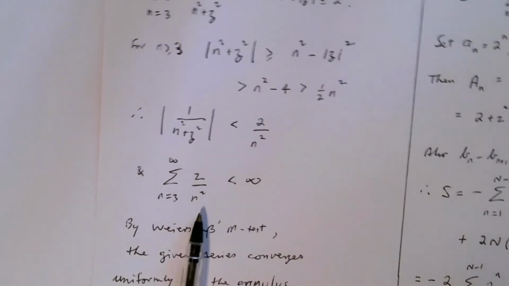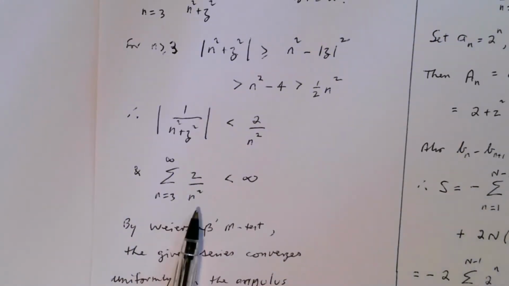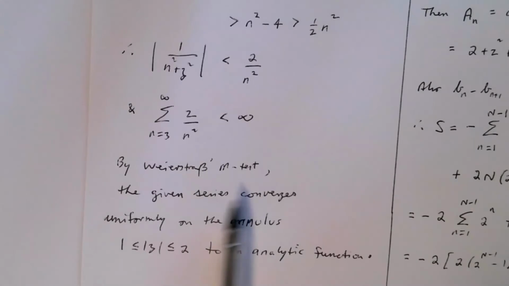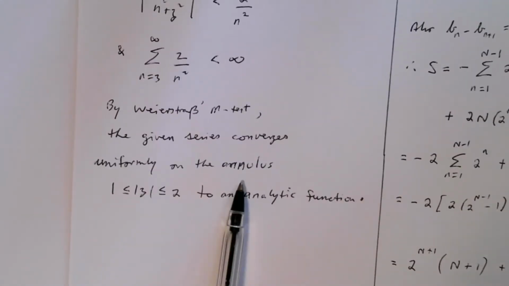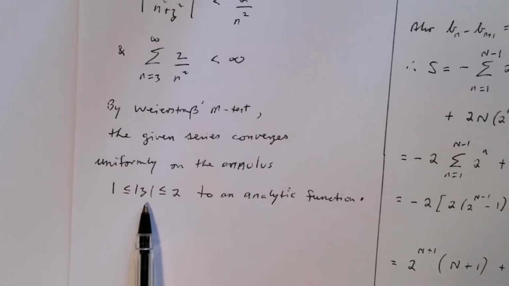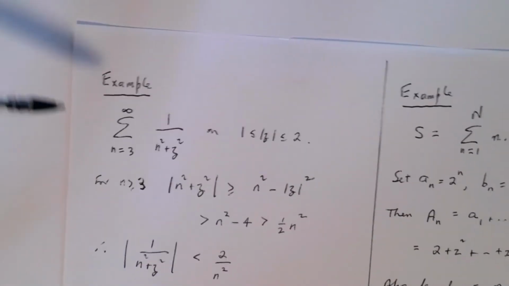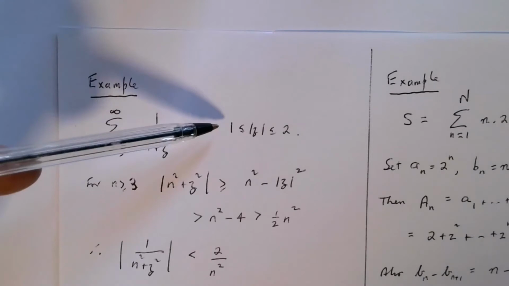It's just twice zeta of 2 minus a couple of terms at the beginning, so this is finite. That tells me by the Weierstrass M test that the given series converges uniformly on the annulus mod z between 1 and 2 to an analytic function. So this infinite series does represent an analytic function on this annulus.